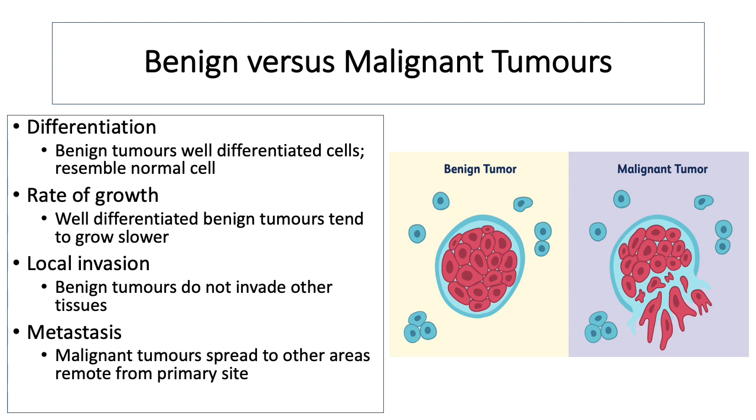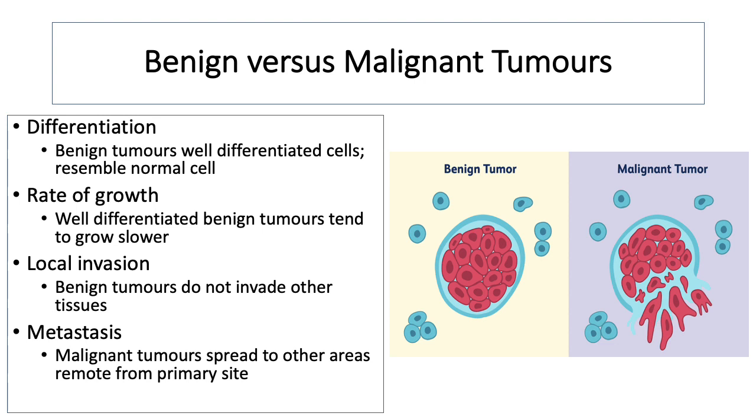I beg your pardon. So a benign tumor could just be a lump. For example, fibroids in females are benign. They're not expected to undergo metastasis, but will remain exactly where they are. The issue is that there's then this increased growth of cells in a particular area. So the major differences between benign and malignant tumors are, in terms of differentiation, I think you would remember differentiation from your cell physiology.